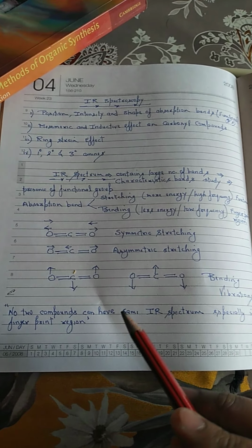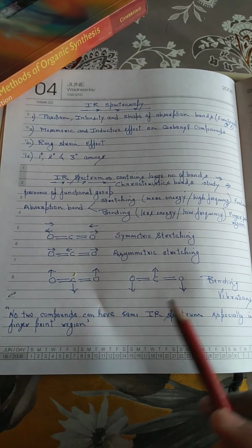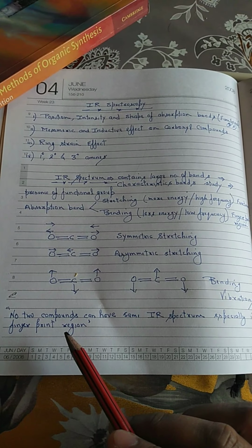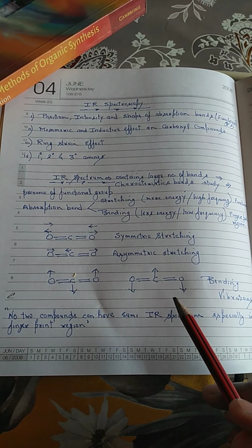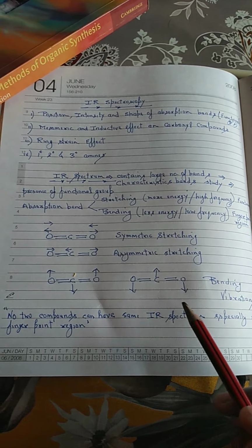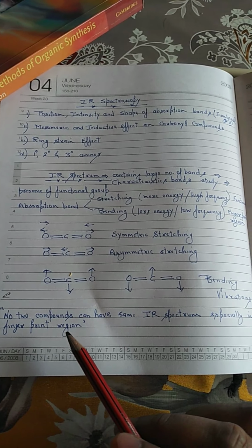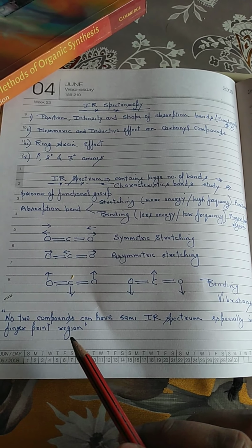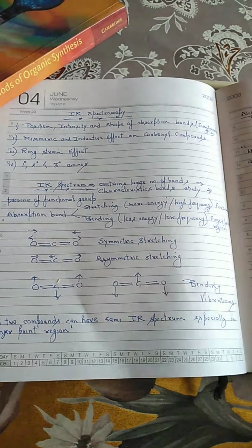If two compounds have the same absorption pattern in the fingerprint region, then the compounds are the same. If they have different patterns in the fingerprint region, then they are necessarily different, except enantiomers.